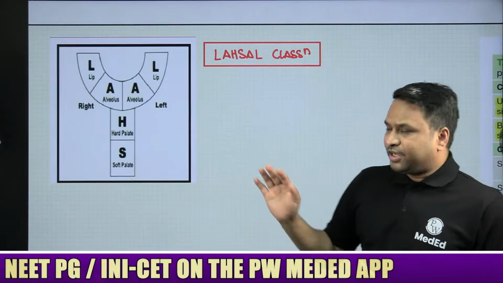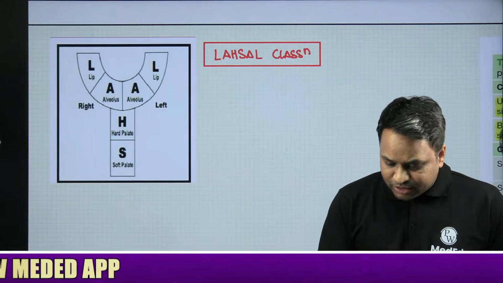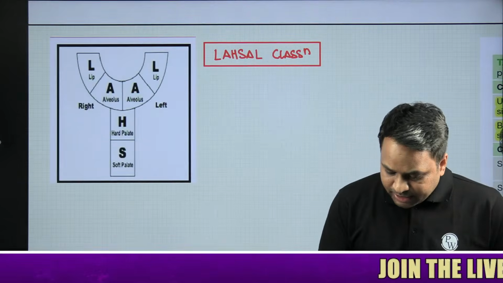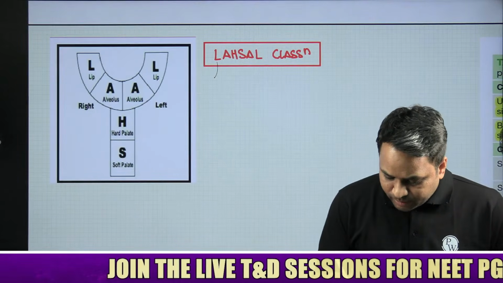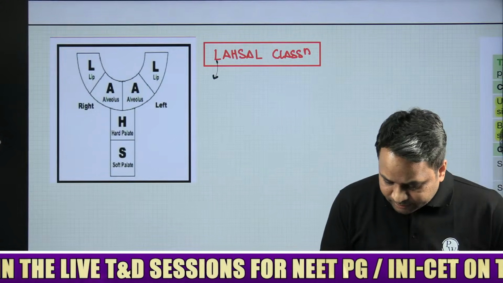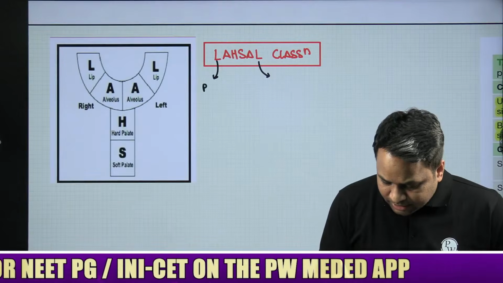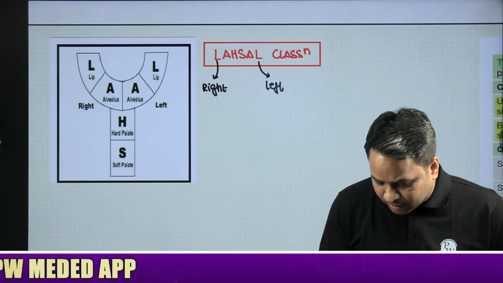Now this classification, as you can see, starts from the right side. So the first letter indicates the right-sided defect that you're talking about, and this is the left-sided one, right?